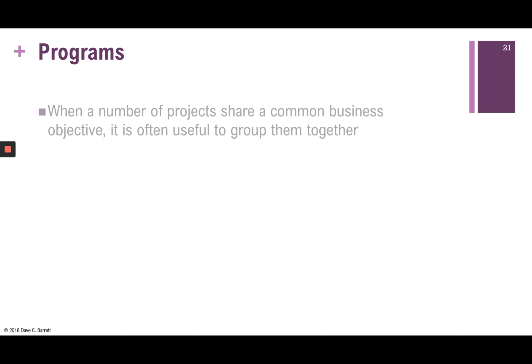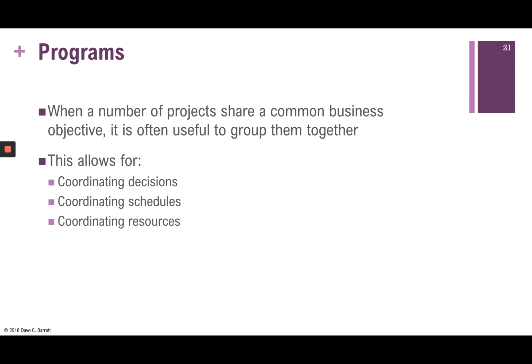And what you saw in the video was another structure, which is called programs. So you saw a program formed. When a number of projects share a common business objective, it is often useful to group them together. You saw in the video that there were 4 projects that were going to need to be completed in order to create the photo assistant. And it's useful to group them together so that, even though they're separate projects, they collaborate and coordinate at what's called the program level.